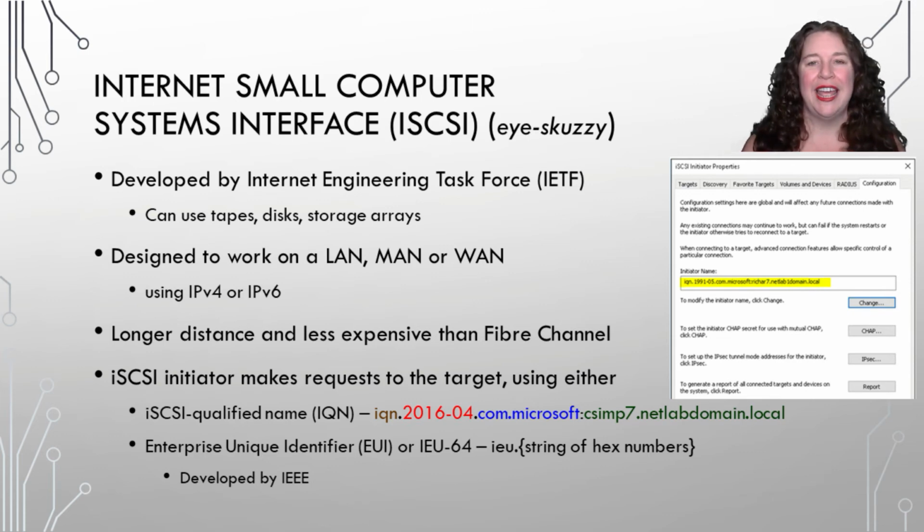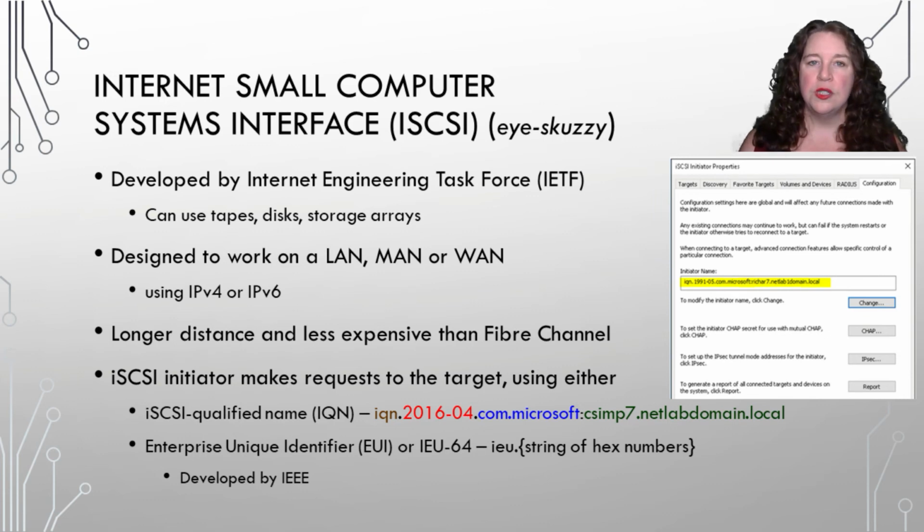It was developed by the Internet Engineering Task Force, designed to use with tapes or disks or storage arrays, and it works directly on your network, on your LAN or your MAN or your WAN, using your basic IPv4, IPv6 addresses. The nice thing about the iSCSI is that it actually is a little faster, longer distances, and less expensive than just doing a fiber channel.